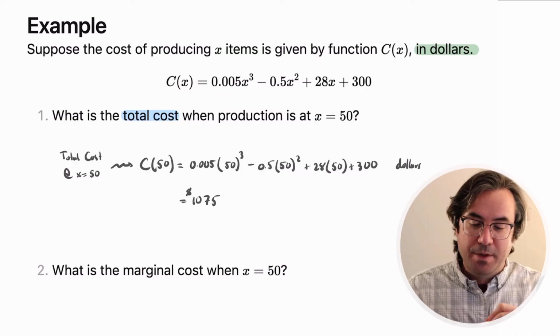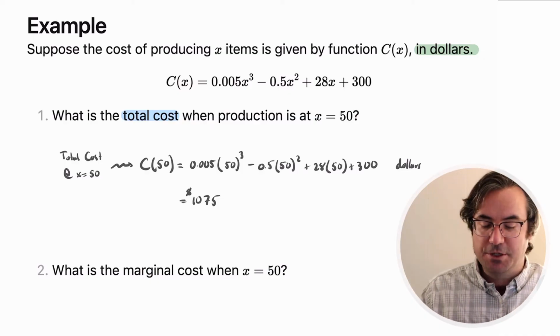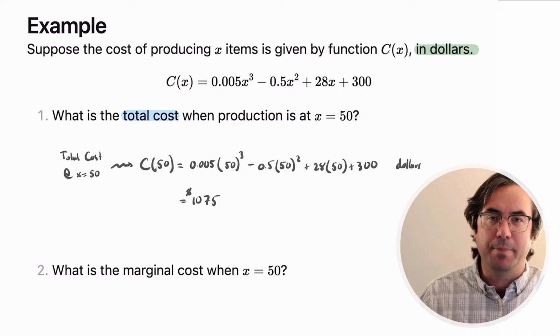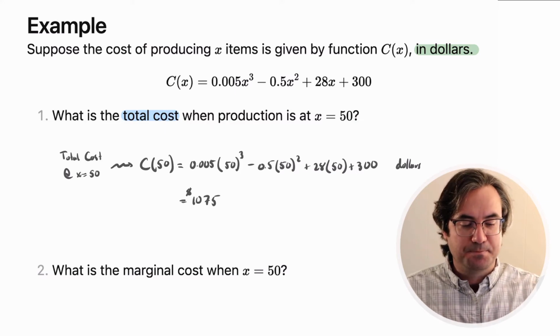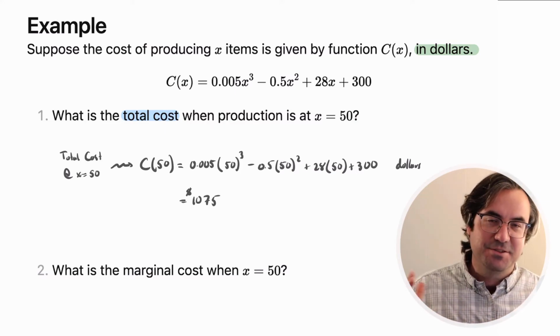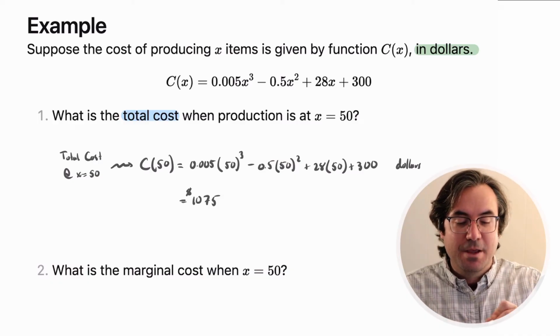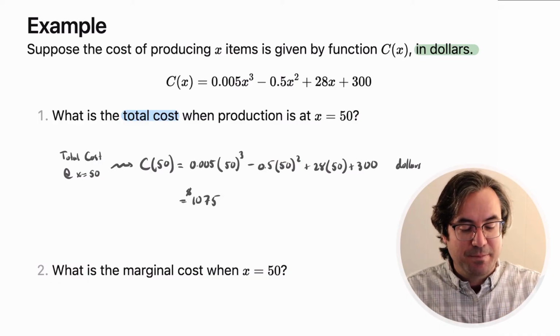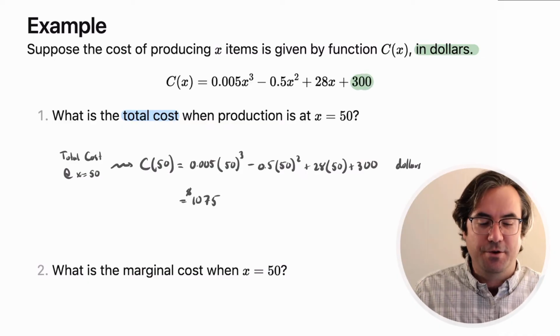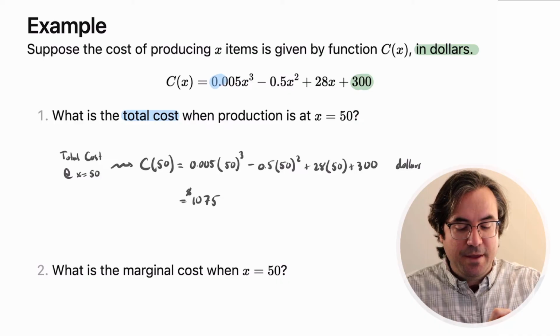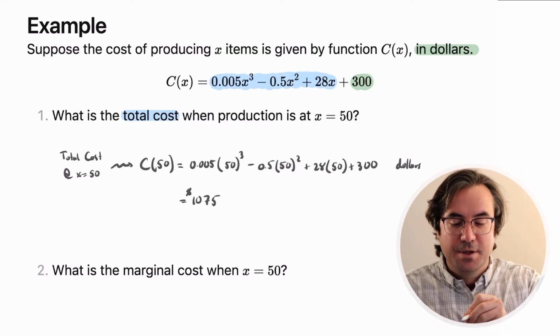One interesting thing about cost functions is we can break them up into two parts. This is just an aside, not really part of the example. There's this plus 300, and then there's the variable part.